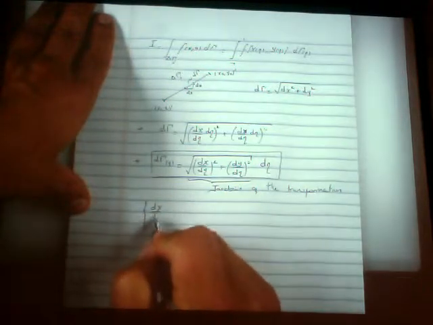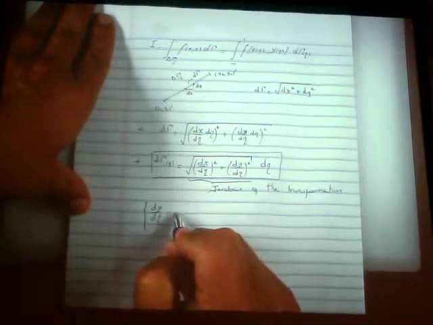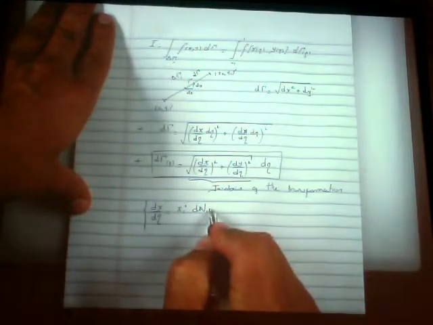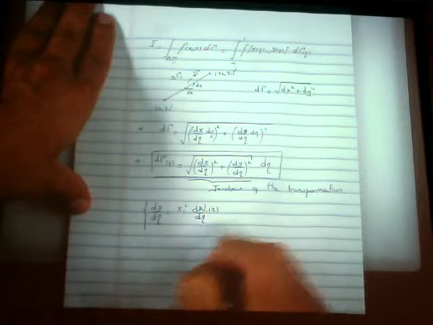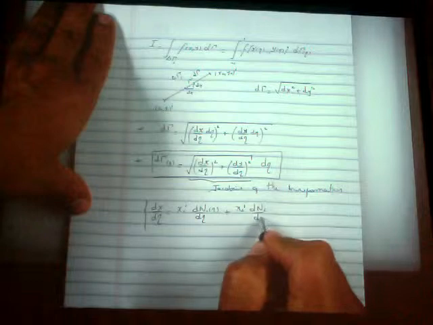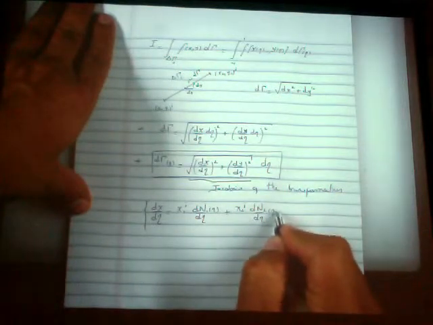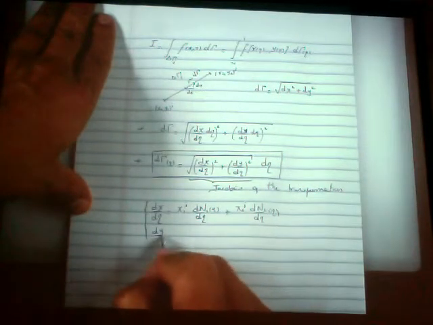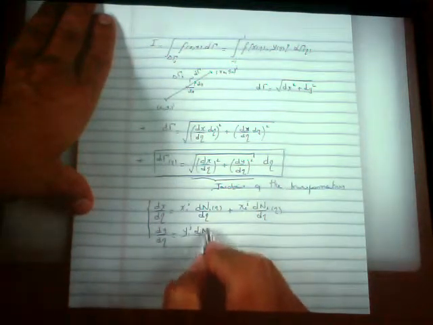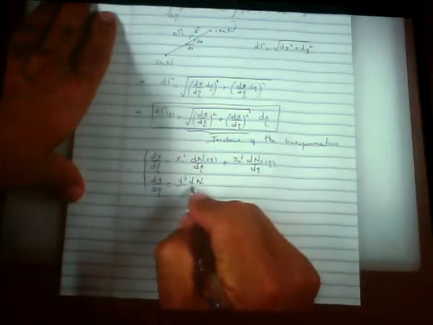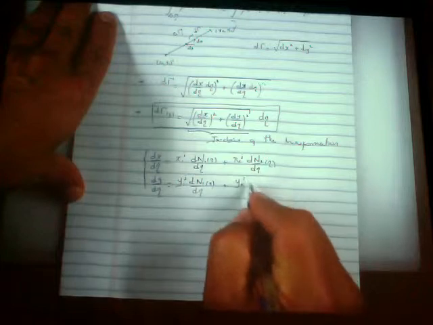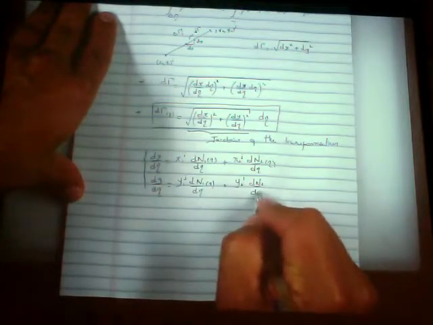The dx d eta is equal to x1 of j times dn1 d eta of eta plus x2 of j dn2 d eta of eta, and dy d eta is equal to y1 dn1 d eta of eta plus y2 dn2 d eta of eta.